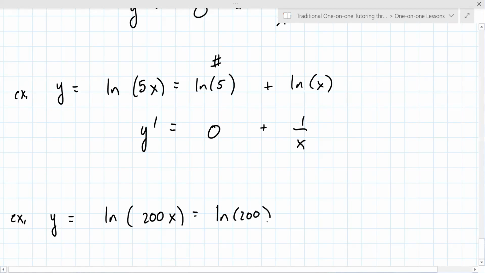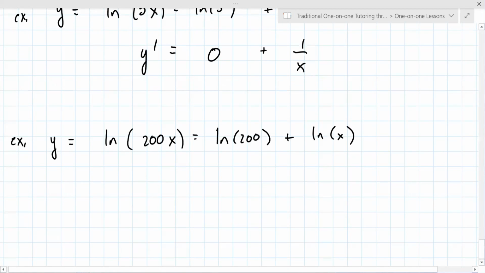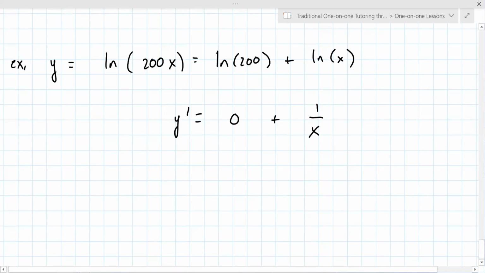It's the natural log of 200 plus the natural log of x. You have to break it apart. So the derivative here is 0 plus 1 over x. Is it always 0 plus 1 over x? Well, the derivative of a number is always 0. That's what you have to remember. This is always a number.